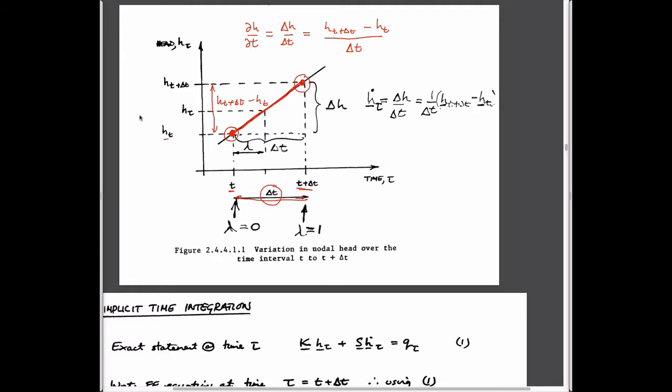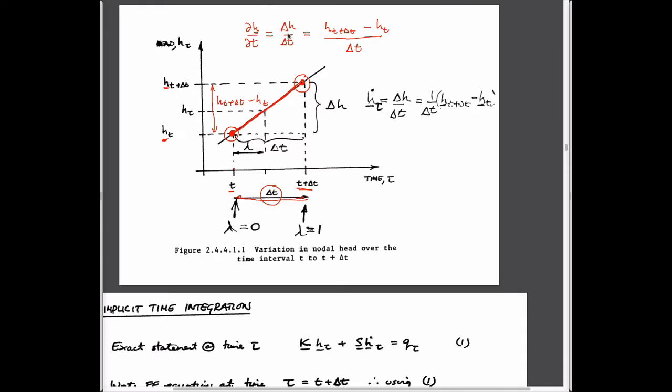We said that we could do it for a single node in the system, but there's no reason that this couldn't also be every single node within the system. If we had 10 nodes, then there'd be 10 values in a vector, and they'd change from one vector at time t to another vector at time t plus delta t. And so in the same way that these could be an individual number, they could also be a vector.